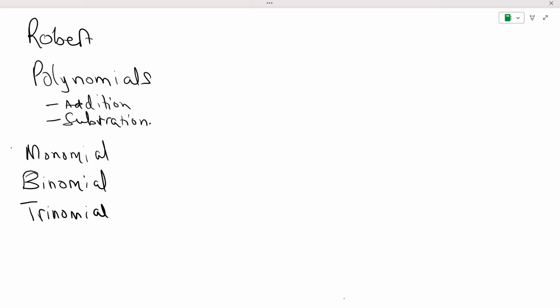You can guess that mono refers to 1, bi refers to 2, and tri refers to 3. So let's begin with a monomial. A monomial is a real number or the product of a real number and one or more variables.